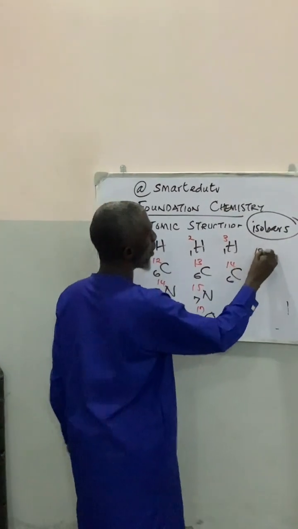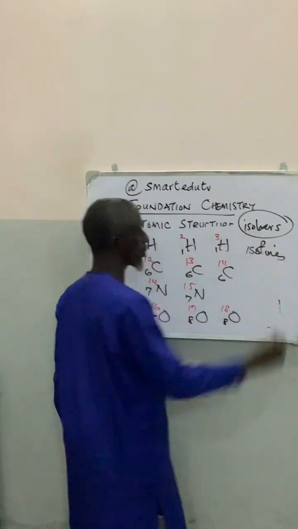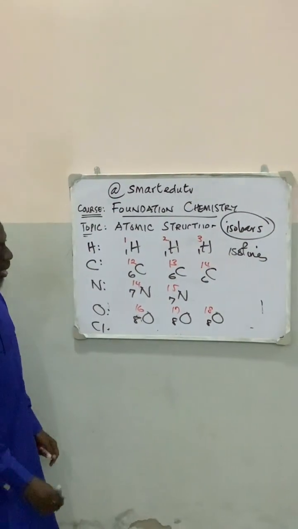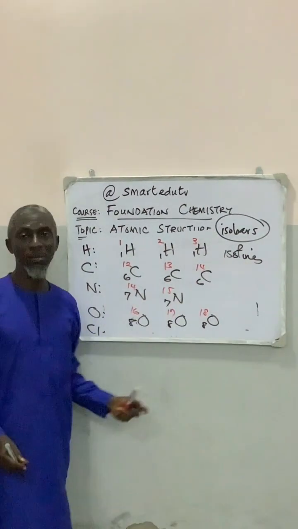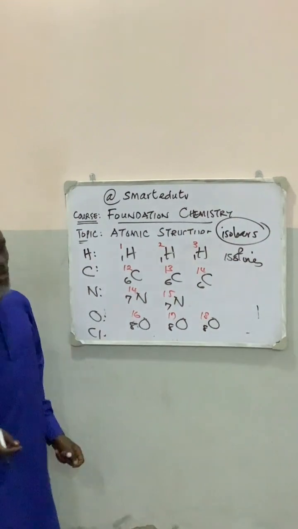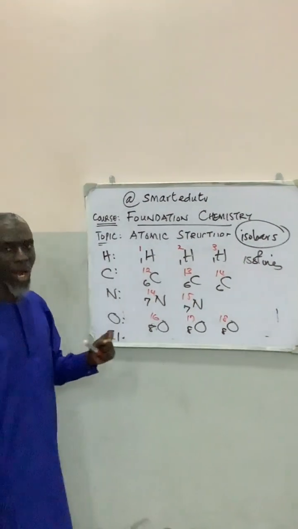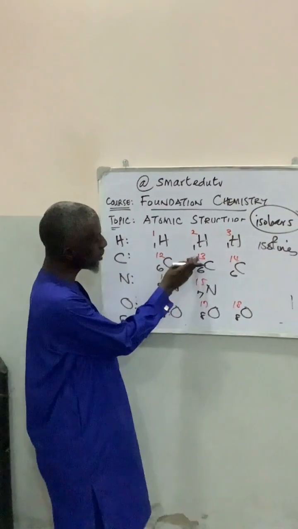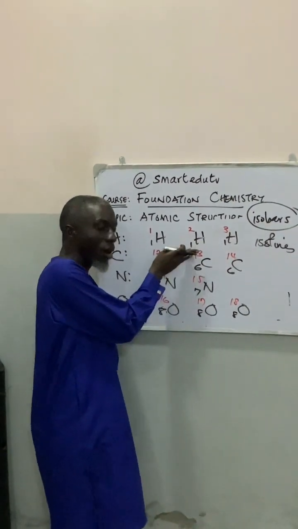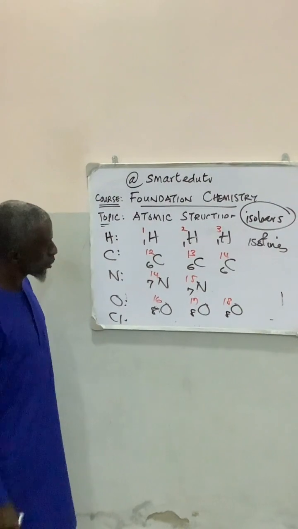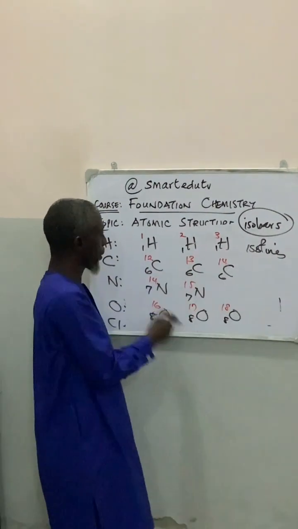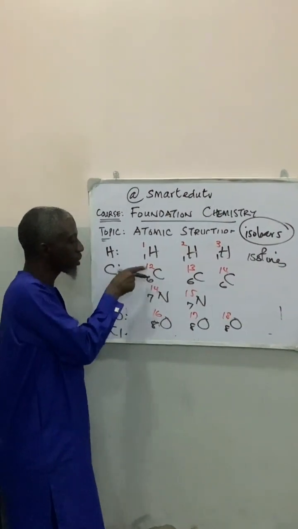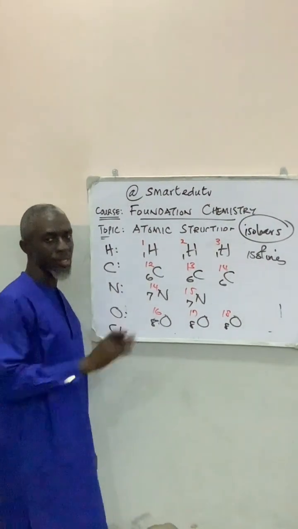Finally, we have what are called isotones. Isotones are atoms of different elements but with the same neutron number. The other time we saw how we could get neutron number by subtracting the atomic number from the mass number. So if I want to get the neutron number, for example, in this one, I'll just say 12 minus 6 and it will be 6.